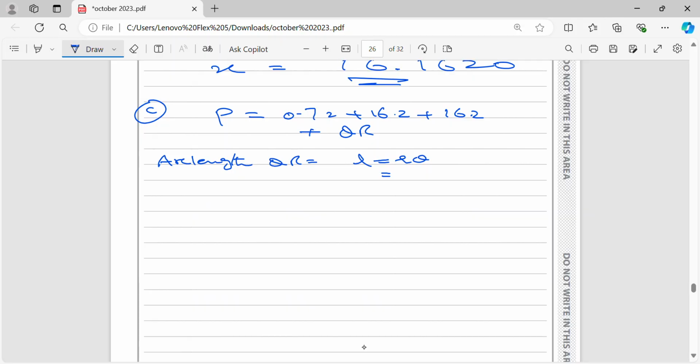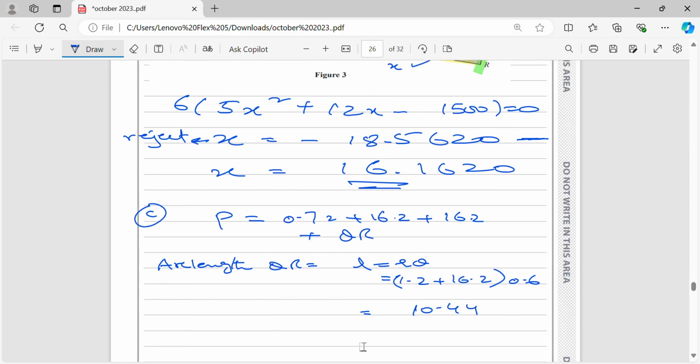So r is 1.2 plus 16.2, and theta is 0.6. Use a calculator: 1.2 plus 16.2 is 17.4, times 0.6, and that is 10.44. So 10.44 is the arc length of QR. I'm going to erase QR here and write down the arc length, which is 10.44.